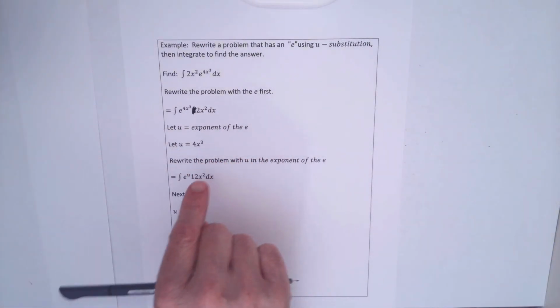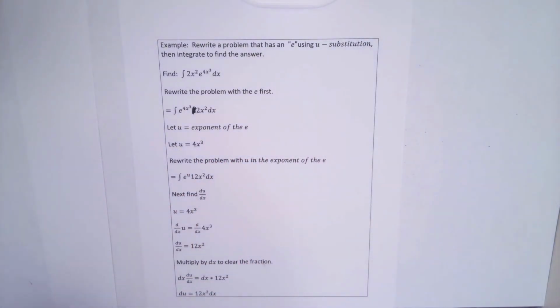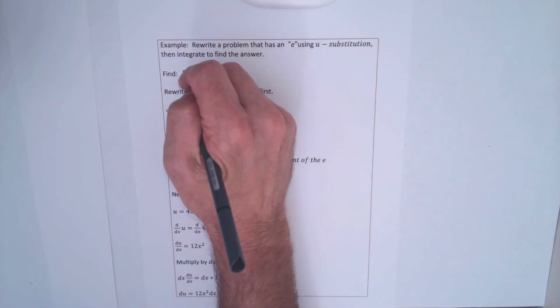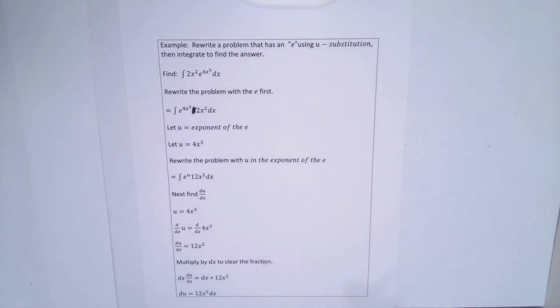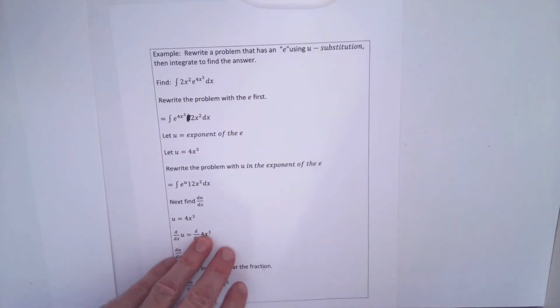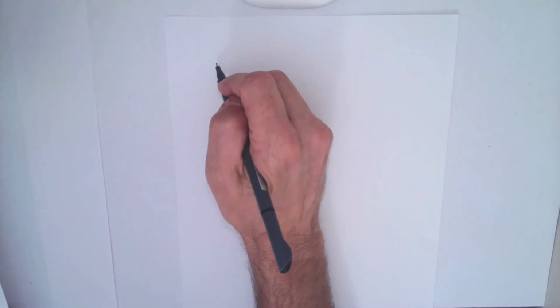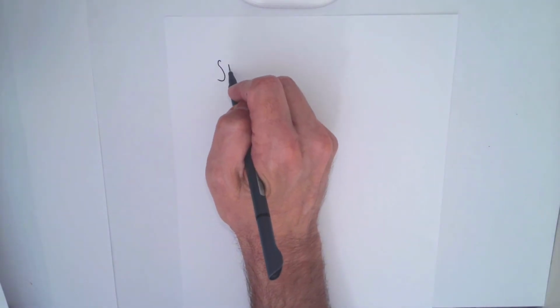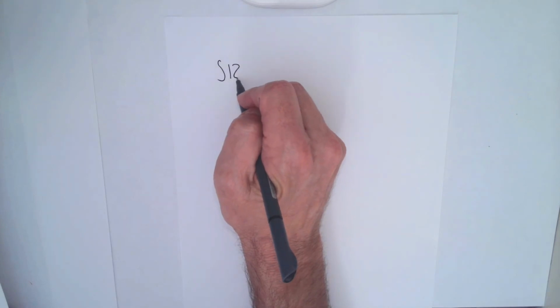I don't know. Oh, this is supposed to be 12. Let me just do this on another sheet of paper because I've got some typos going here. I was changing the problem probably and I didn't catch the change. So if this was the problem, I'm asked to integrate 12.